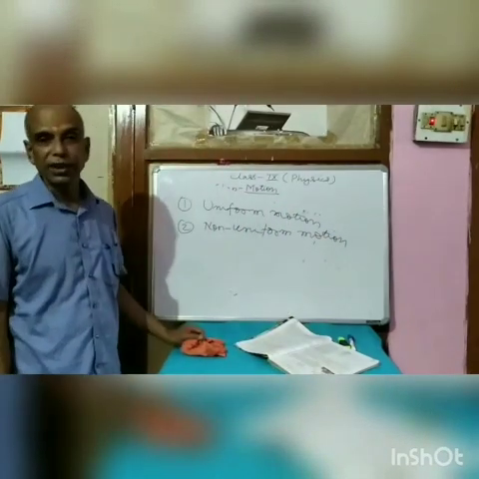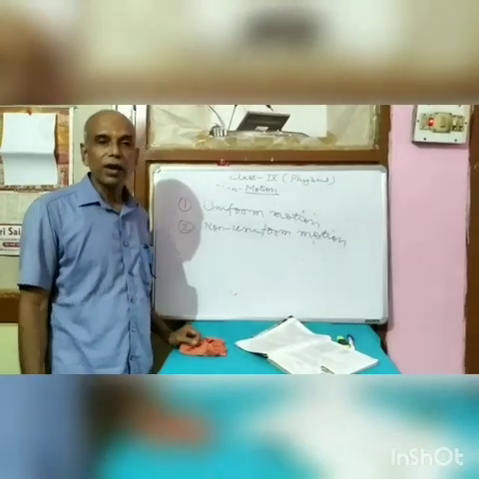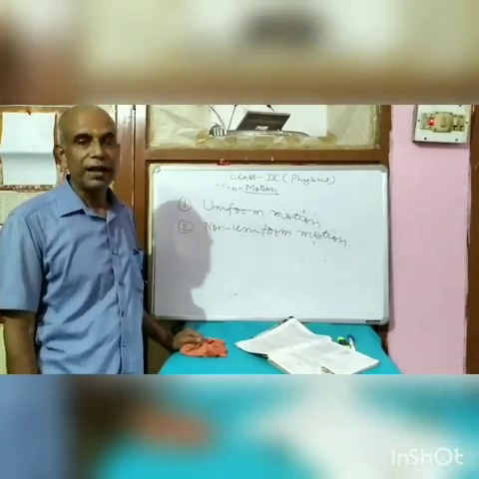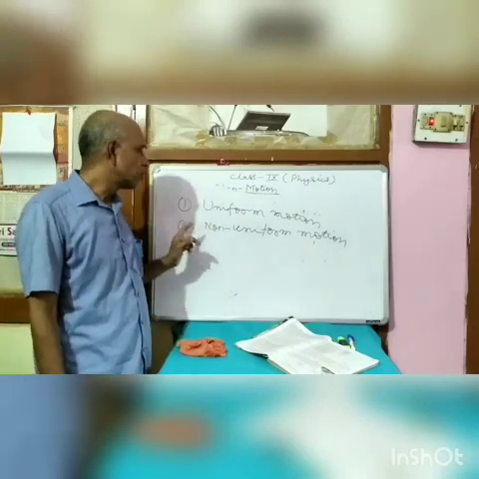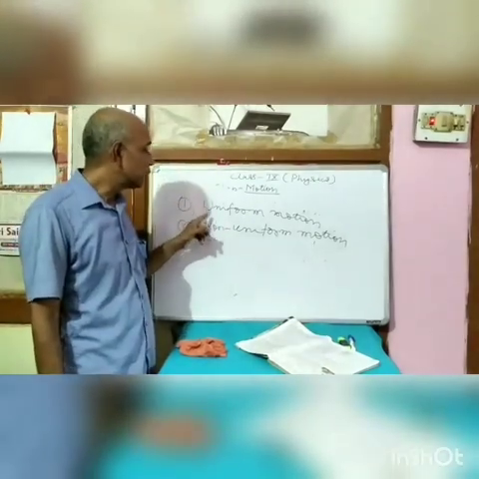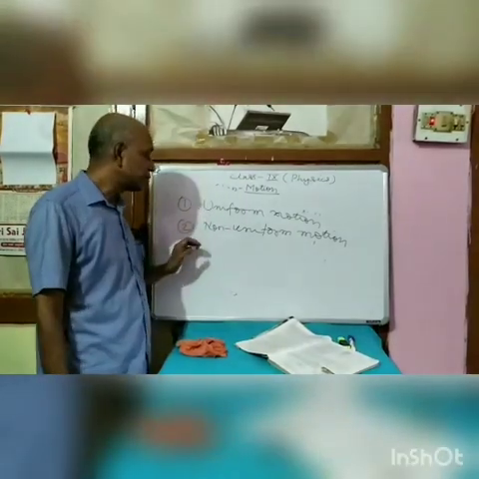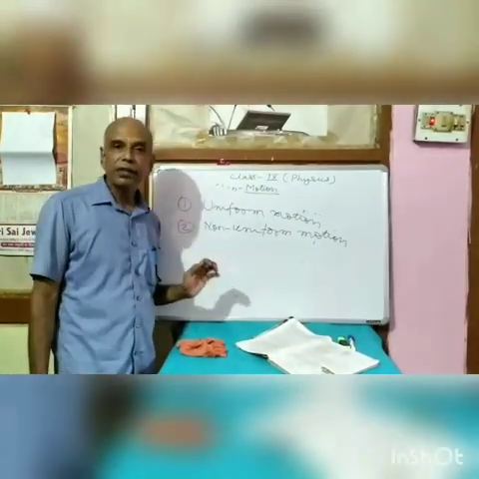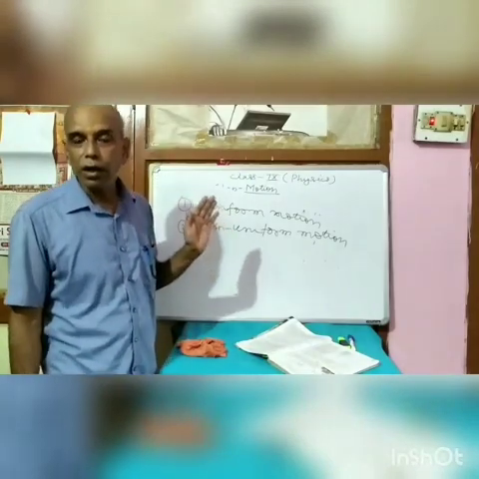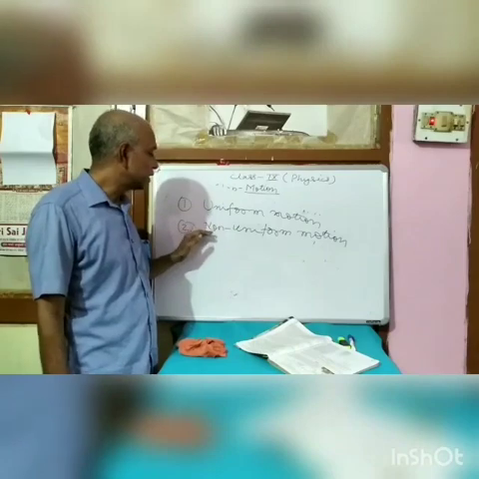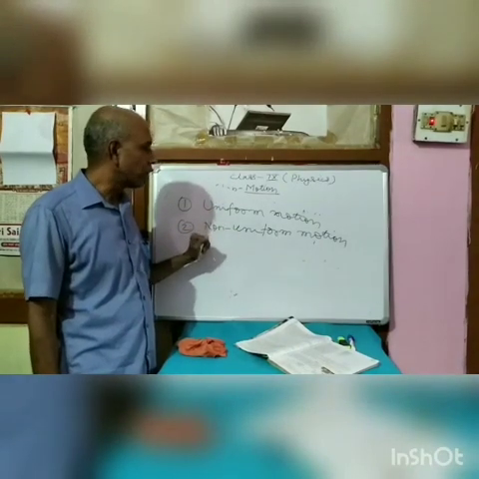When any object covers equal distance in equal interval of time, then the motion of the object is called uniform motion. And when an object covers unequal distance in equal interval of time, that motion is called non-uniform motion.